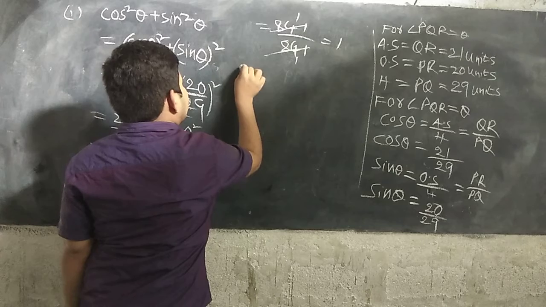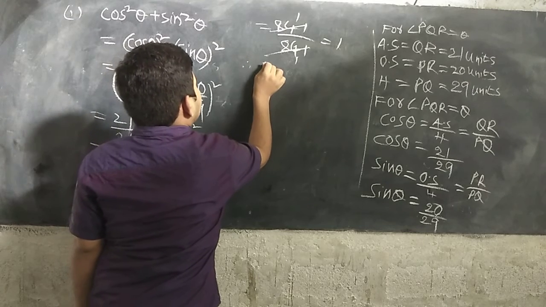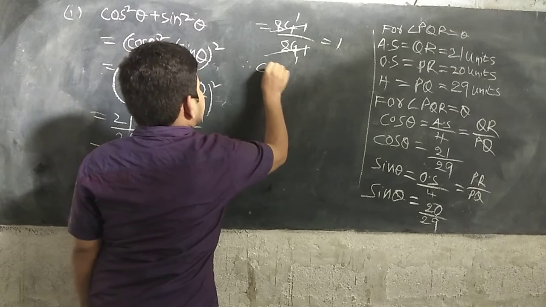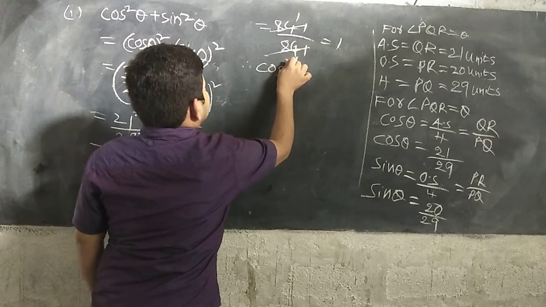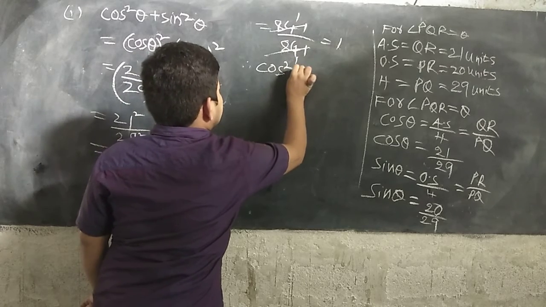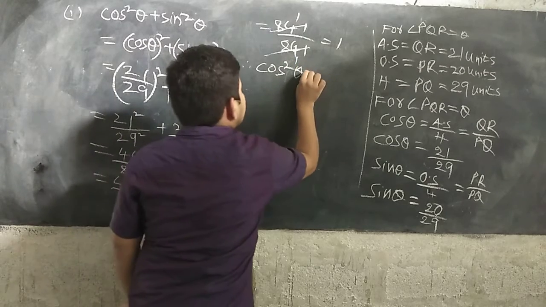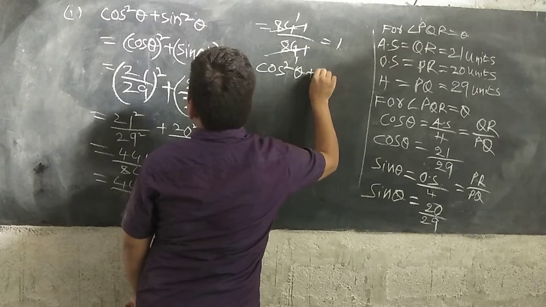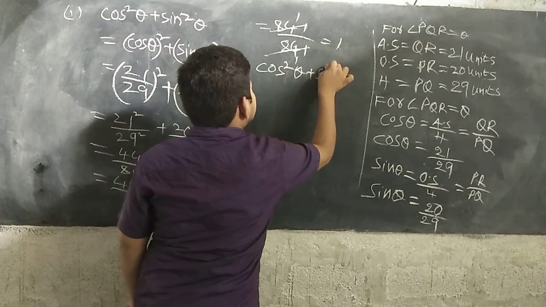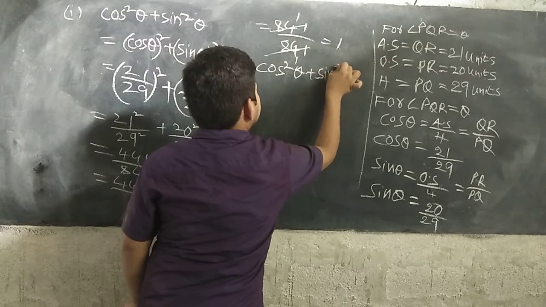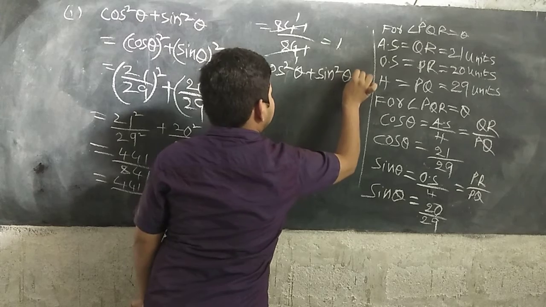Therefore cos square theta plus sin square theta equals 1.